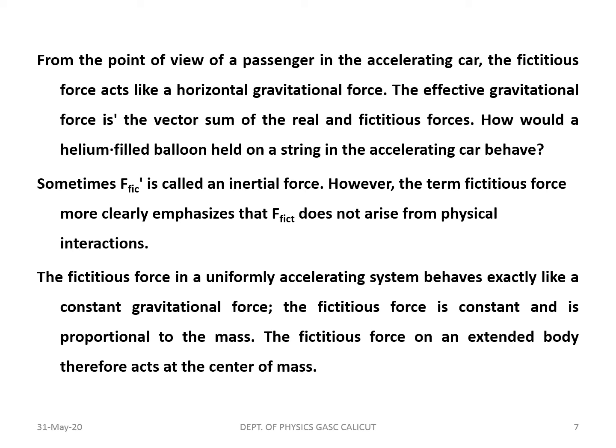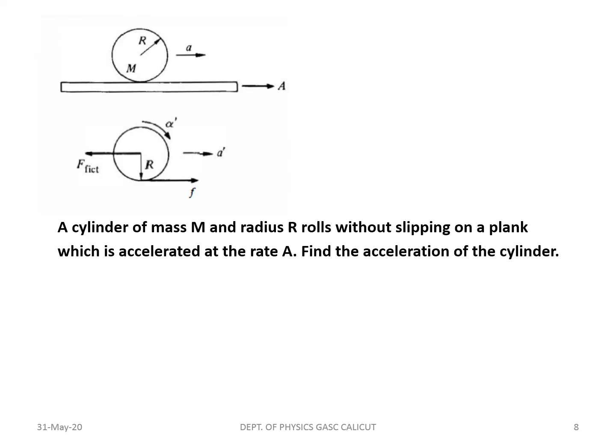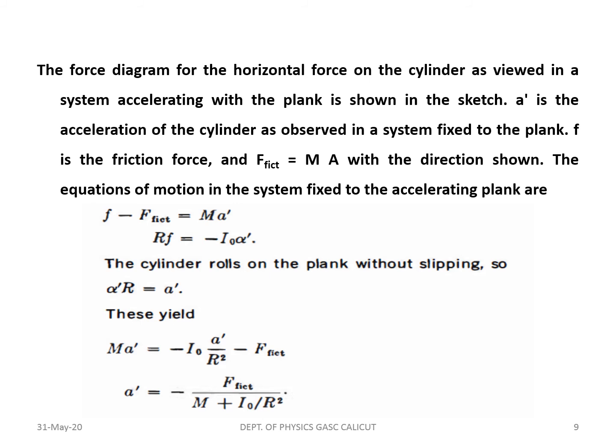Normally the gravitational force is vertically downwards, but for a passenger inside an accelerating frame it behaves like a horizontal gravitational force, because the body inside the accelerating frame experiences a force opposite to the direction of the acceleration.